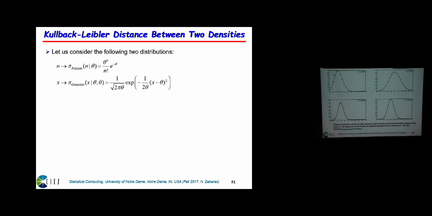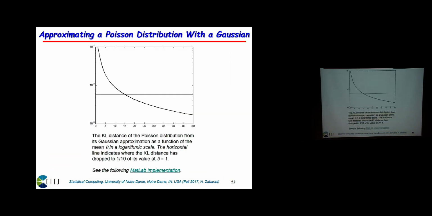And to take it even further, you can plot the KL distance between the Poisson distribution and the Gaussian distribution, and you can see that after some values of the mean, the KL distance becomes really of the order of 10 to the minus 2, 10 to the minus 3. So if you want to do calculations with a counting process like a Poisson process, you can even do these calculations with a Gaussian, and that's why Gaussian distributions are sort of very useful. Okay.